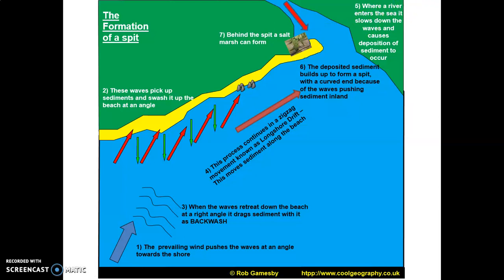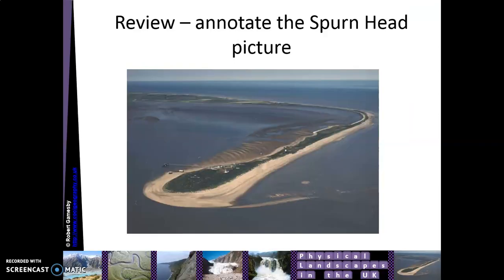That process will just continue to happen, but also it's continually eroded by the sea coming in and a little bit by the river coming out. But the reason it's forming here in particular is because that's low energy, because as the river meets the ocean, it slows down both waters enough to deposit stuff. So that's how a spit and a bar form by the process of longshore drift.